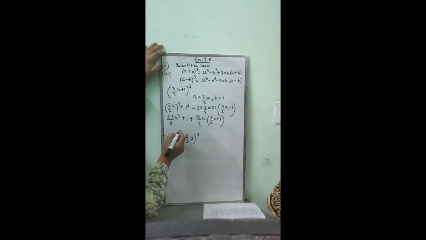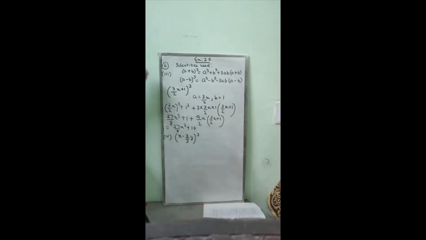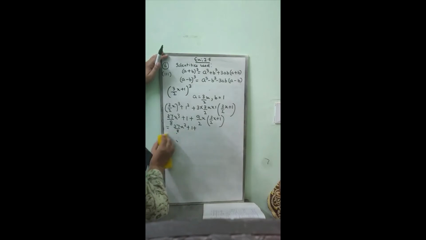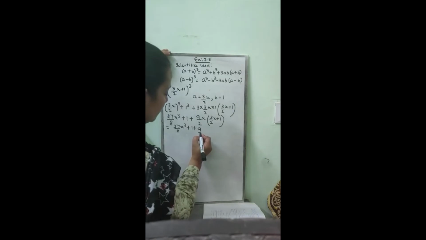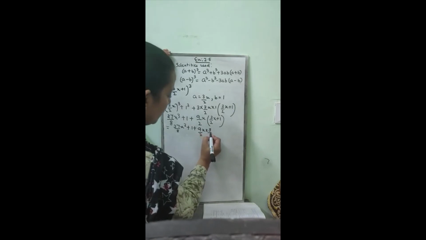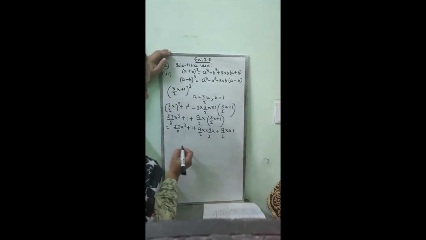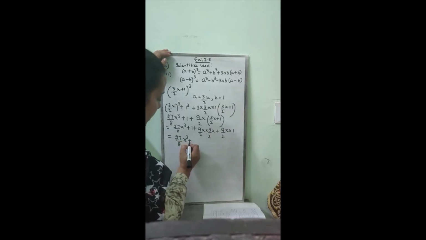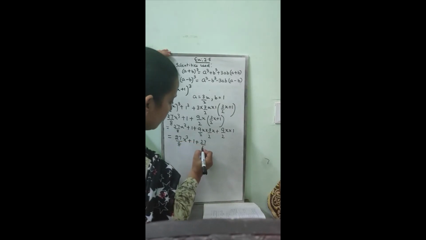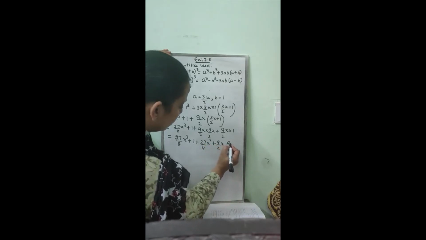Your final answer will be 27 by 8x cube plus 1 plus 9 by 2x multiplied with 3 by 2x. Then 9 by 2x multiplied with 1. So your answer is 27 by 8x cube plus 1 plus 27 by 4x square plus 9 by 2x. Clear?